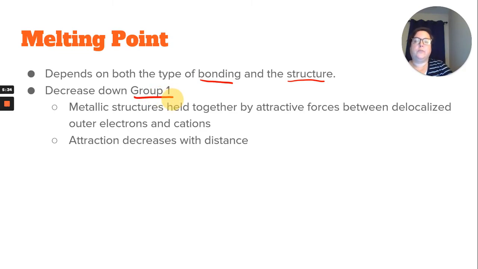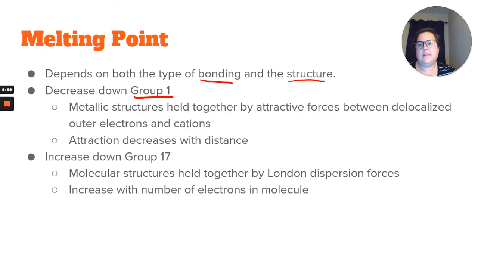We're going to focus on group 1, and then we're going to focus on group 17. So group 1 would represent our metals. The metallic structure is held together by attractive forces between delocalized electrons. So if you remember from Chem 1, metals form metallic bonds, and metallic bonds are held together by delocalized electrons. And so the attraction decreases with distance.